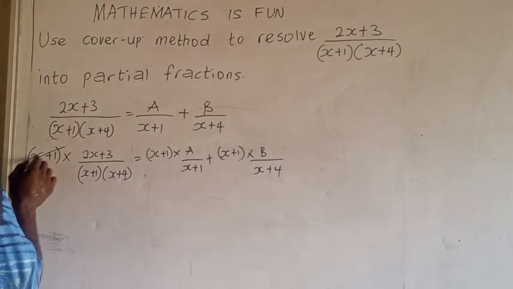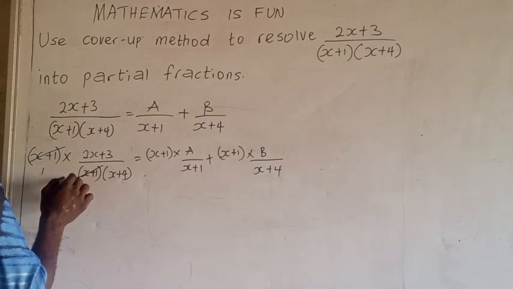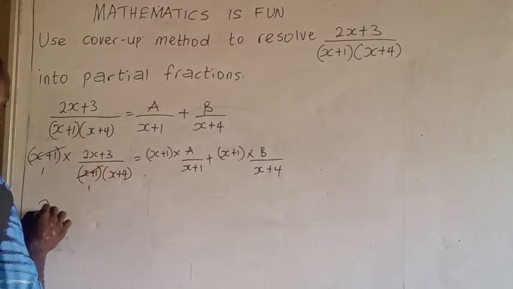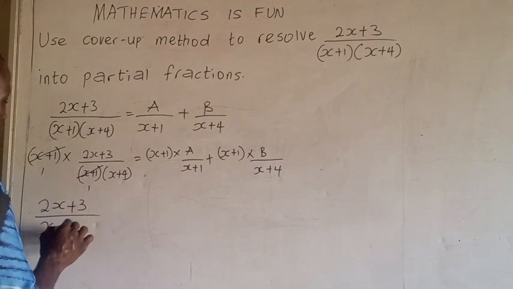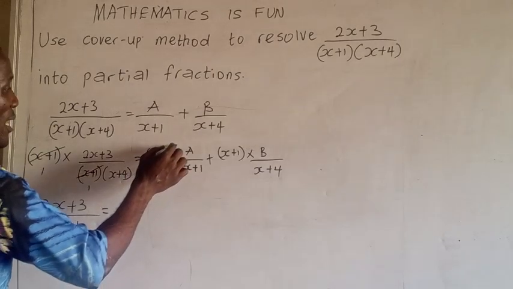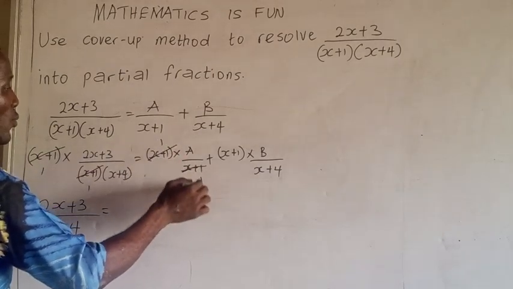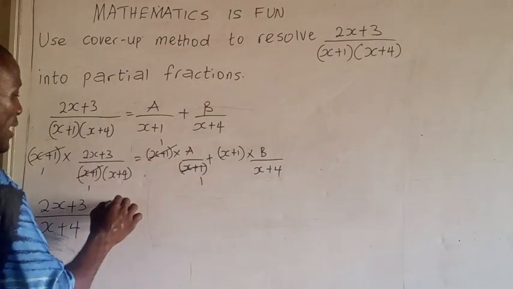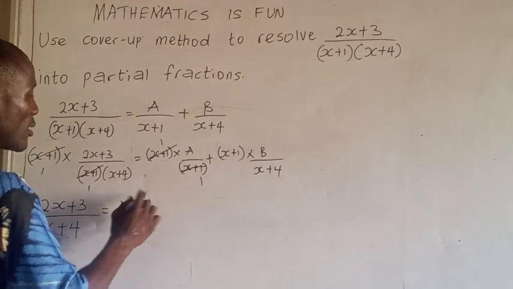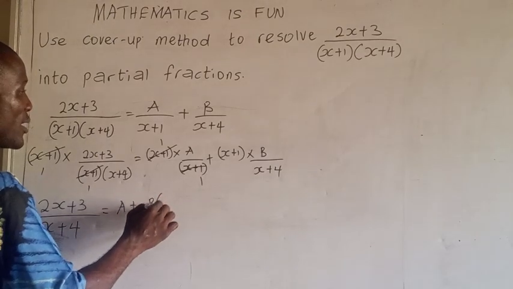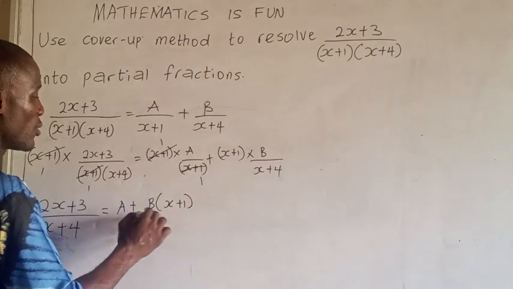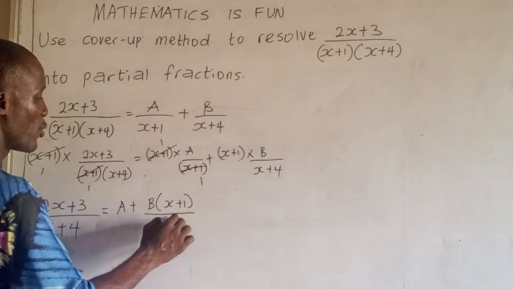Having done that, (x + 1) over (x + 1) is 1, and we are left with (2x + 3) over (x + 4) equals A plus B into brackets (x + 1) over (x + 4).